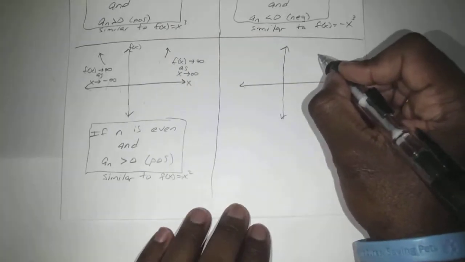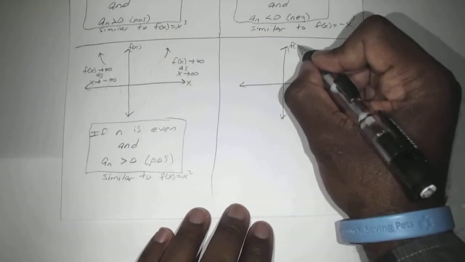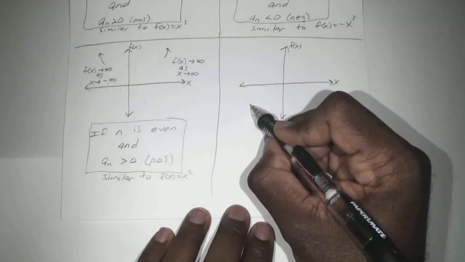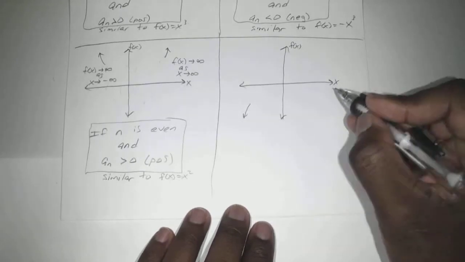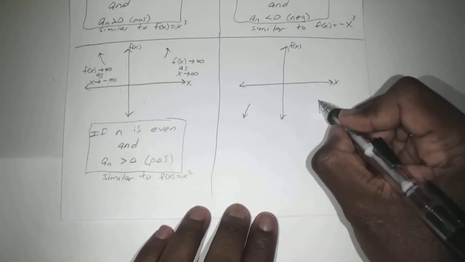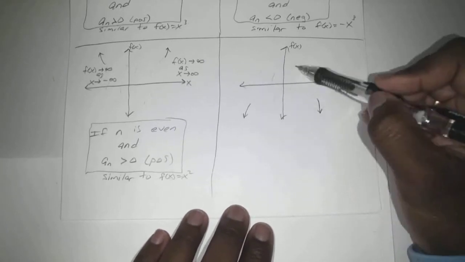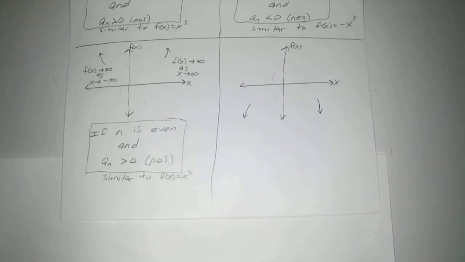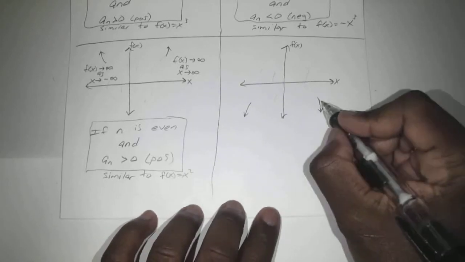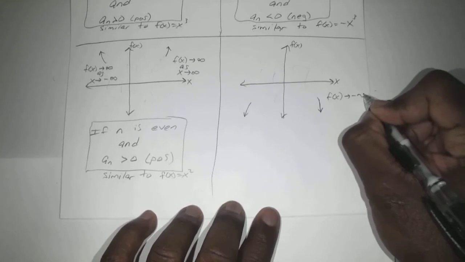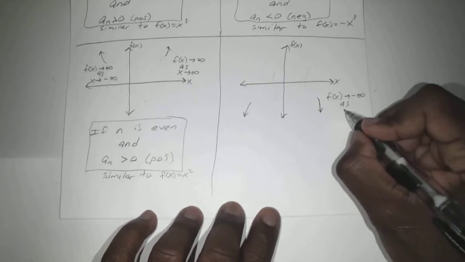So for this one, let's say you have your x and your f of x there. Let's say these endpoints go down and to the left and down and to the right. Kind of curve that a little. Like I said, in between there could be any and everything. We have no idea. As long as there are no sharp corners or missing sections, we know it's a polynomial. Okay, so this side, we know that f of x approaches negative infinity as x gets bigger.